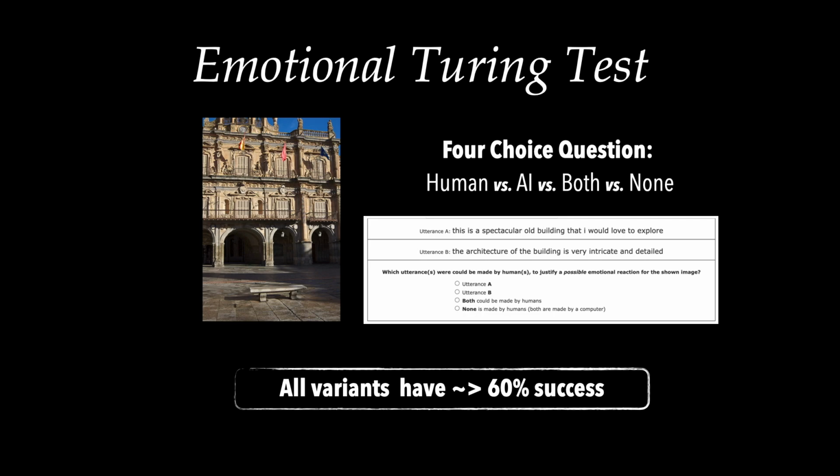Here, annotators were asked to select among a generated caption and a human-given explanation and decide which one was the most likely to be given by another human. Importantly, in this study, all our captioning variants fare extremely well, namely 60% of the time or more. The judges found that the generated captions were at least as likely to be given by actual humans.